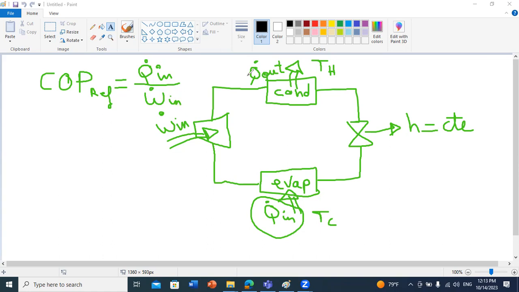So then the COP of heat pump will be Q dot out over W dot in, while during summer, they will play a refrigeration role, so their COP will be Q dot in over W dot in. And we already related in previous sessions that we can relate COP heat pump to COP refrigeration, because COP heat pump is equal to Q dot out over W dot in.